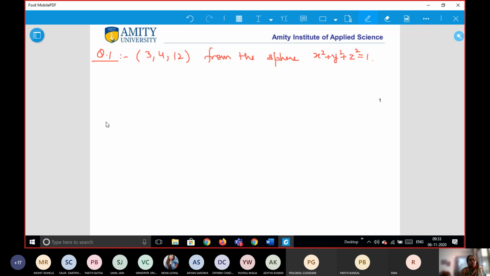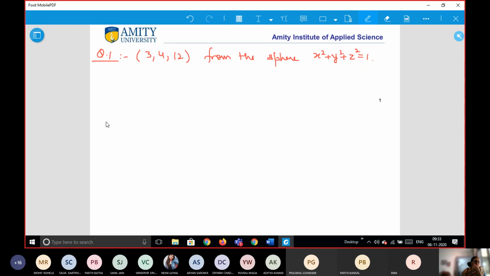Now I want to understand, this question is for which particular concept? Maximum minimum. Is it a simple statement of maximum minimum or something else? We have to minimize this.